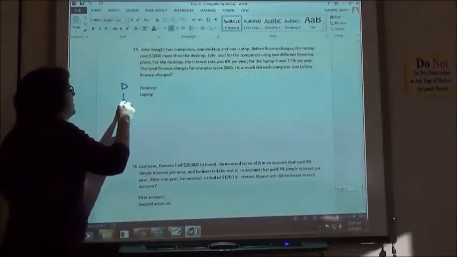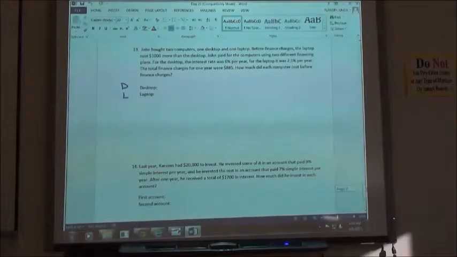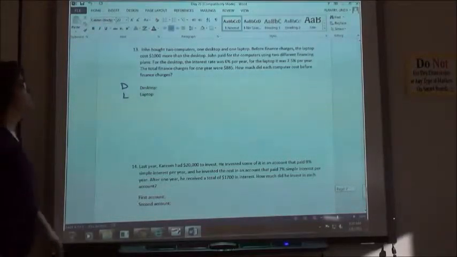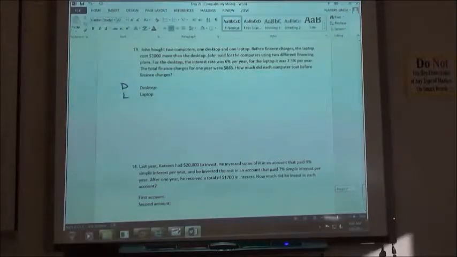So if I use D for my desktop and L for my laptop, the second sentence there says before finance charges, the laptop costs $1,000 more than the desktop. So my equation should be L times D, no. The laptop costs $1,000 more than the desktop.